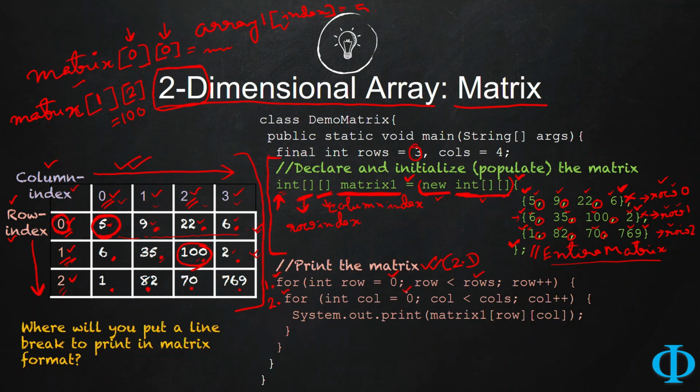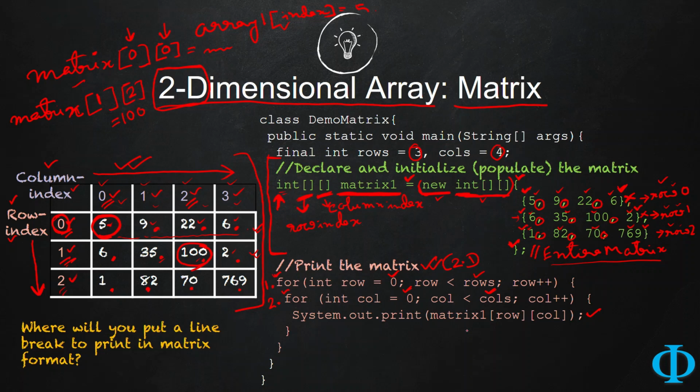You have to start from column 0, and then iterate until the total number of columns, which is 4 in this case, starting from 0, then 1, then 2, and then 3. So it goes until the total number of columns, and inside this you have to print all the numbers.